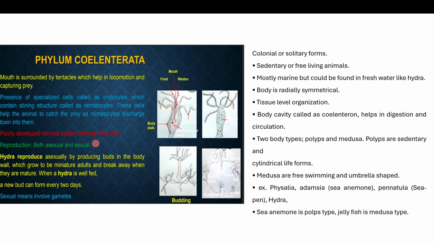They have a poorly developed nervous system. Reproduction can be both sexual or asexual. Hydra reproduces asexually by budding, and the sexual reproduction involves gametic reproduction.